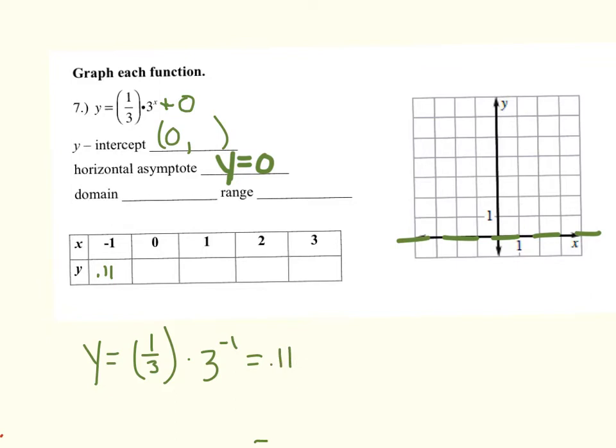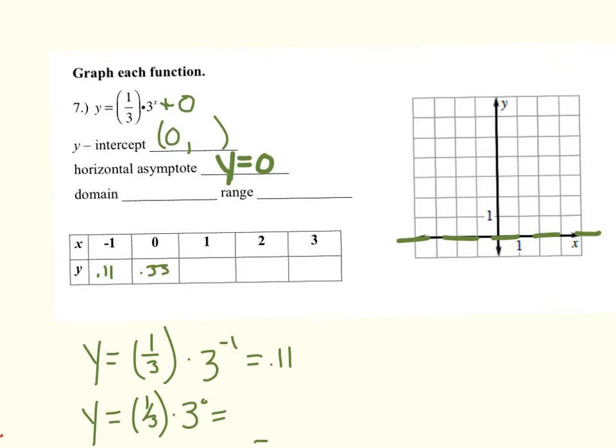Then you need to plug in 0. So y equals 1/3 times 3 to the 0 power. Anything to the 0 power is 1. 1 times 1/3 is 1/3, which is also 0.33.